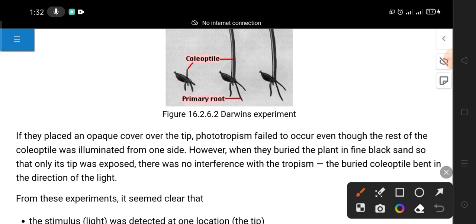However, when they buried the plant in fine black sand so that only its tip was exposed, there was no interference with the tropism. The buried coleoptile bent in the direction of light.